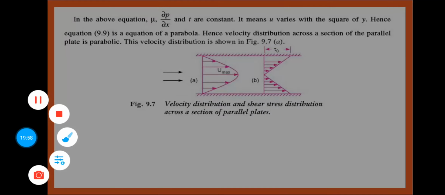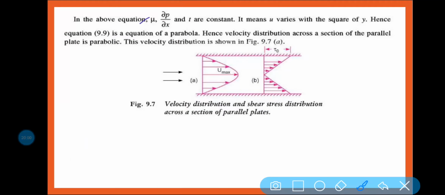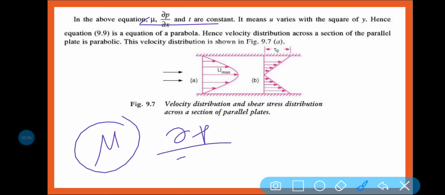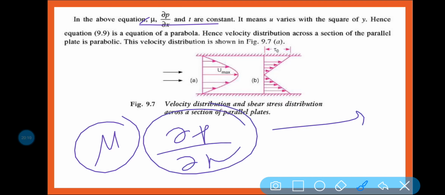Now in the above equation, mu, del p by del x and t are constant. Mu is the dynamic viscosity, del p by del x is the change of pressure with respect to distance, and t is the thickness. This thickness is also constant.